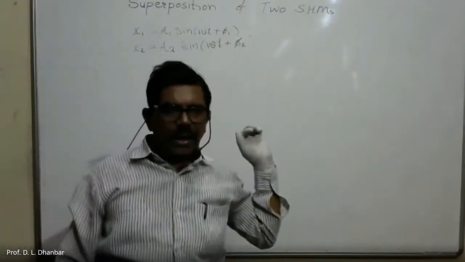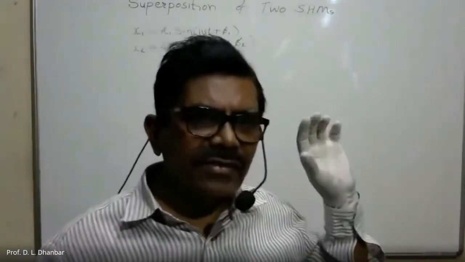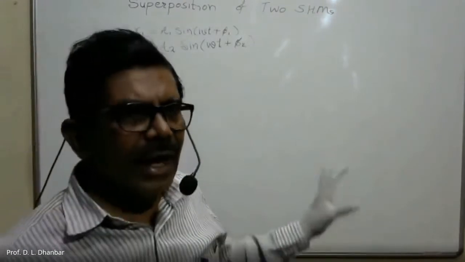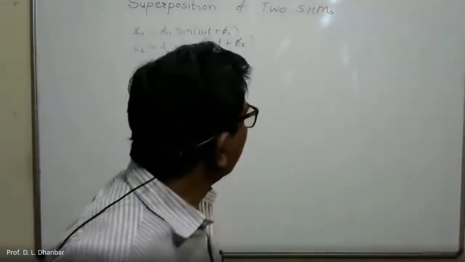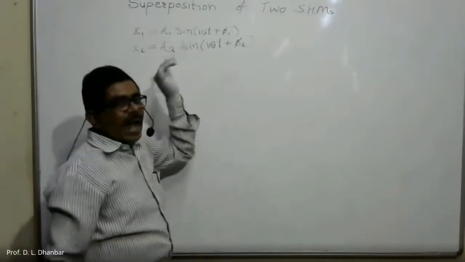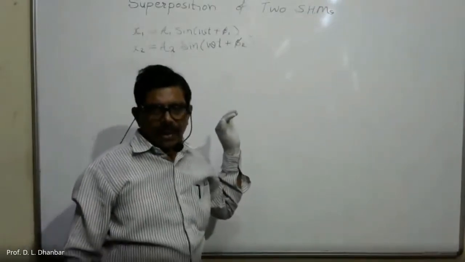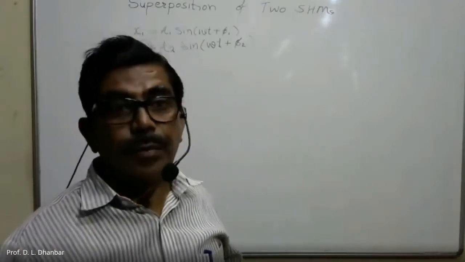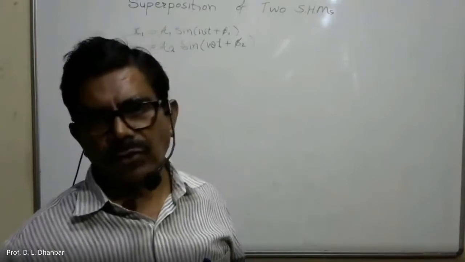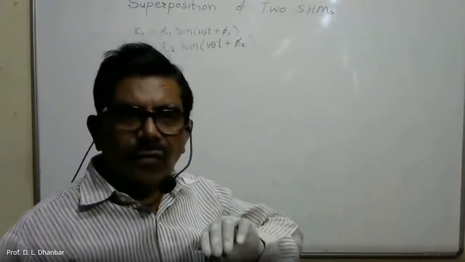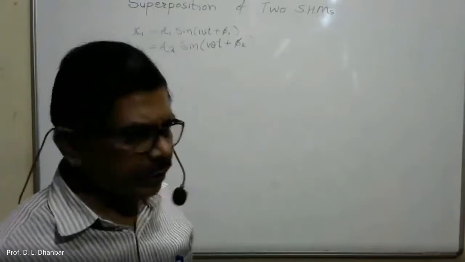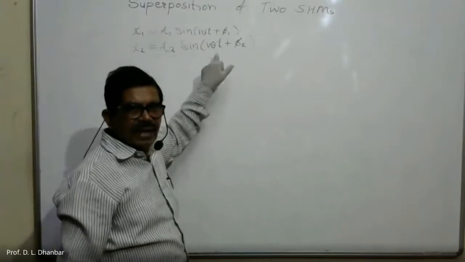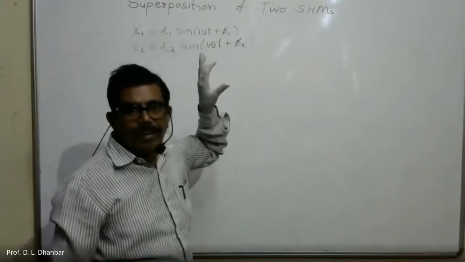And this omega, in case of circular motion we call it angular velocity, but as far as you are studying simple harmonic motion, this omega is called angular frequency, which decides the periodicity of the simple harmonic motion. While studying the linear simple harmonic motion, this omega can be called angular frequency, and it decides the periodicity of the vibrating particle.